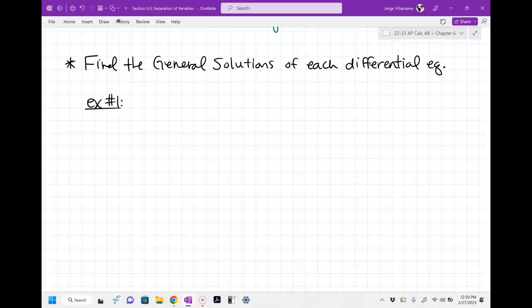They usually do call them differential equations. That's one little hint. They'll mention, oh, this is a differential equation, so it's a little hint that they're going to probably want you to do separation of variables. So here's example 1.